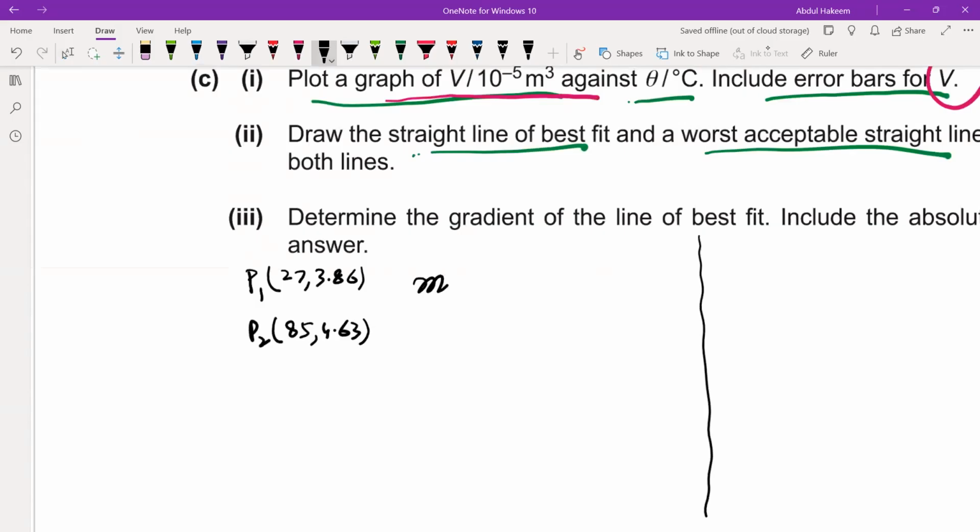And then calculate the gradient of the best fit by using y2 minus y1 over x2 minus x1.